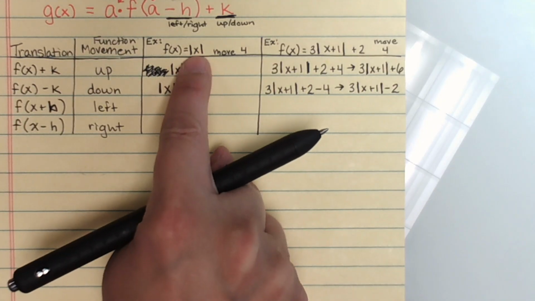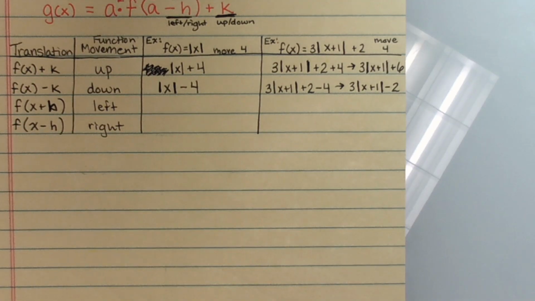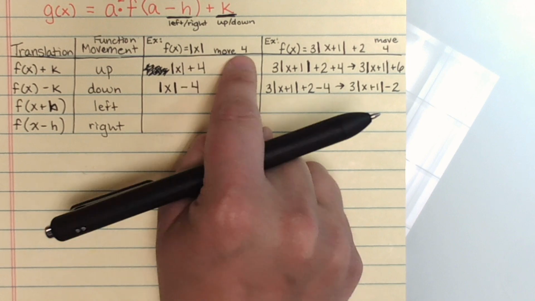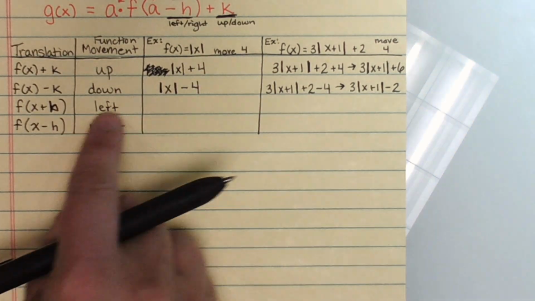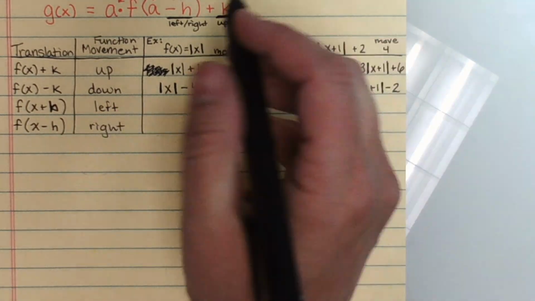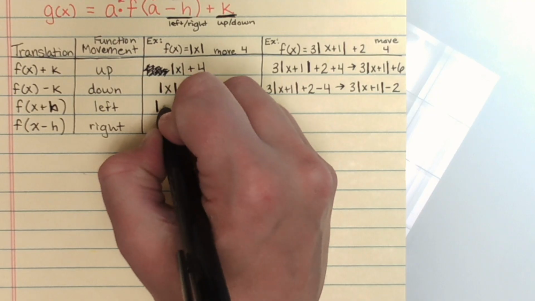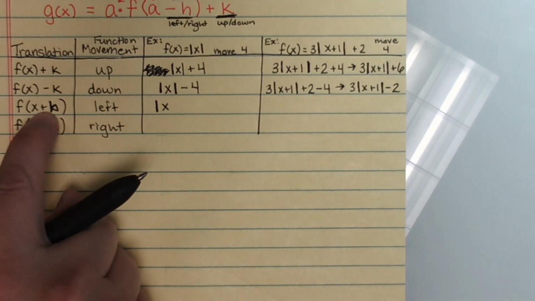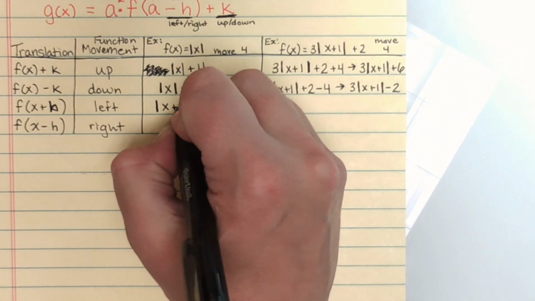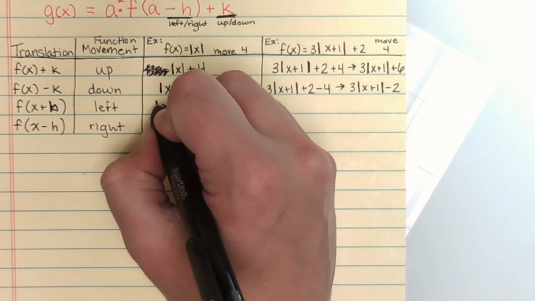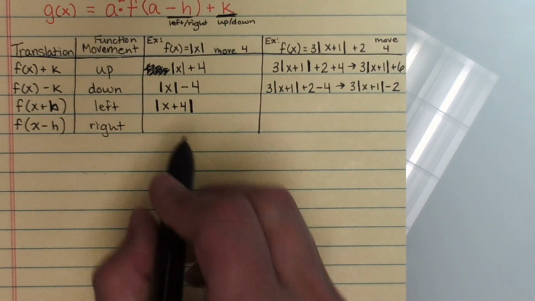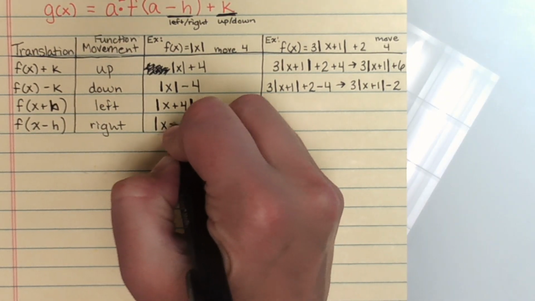So in a parent function, when I'm trying to move left 4, the parent function, x, left means to add. I add 4 directly inside the absolute value because the absolute value is kind of like a parenthesis. It's a grouping. If I want to move to the right, absolute value x minus 4.